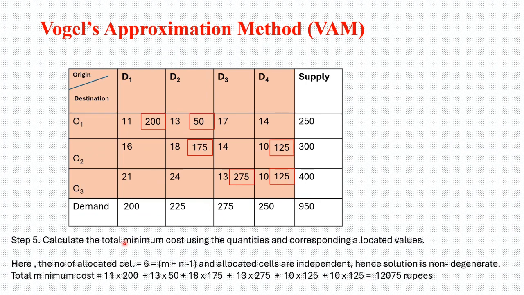Here, the number of allocated cells is 6, which is equal to m plus n minus 1, and the allocated cells are independent, hence the solution is non-degenerate. Total minimum cost is equal to 11 times 200 plus 13 times 50 plus 18 times 175 plus 13 times 275 plus 10 times 125 plus 10 times 125, which is equal to 12,075 rupees.